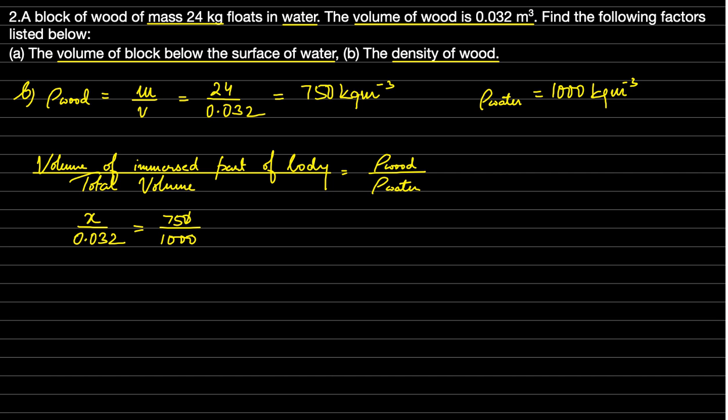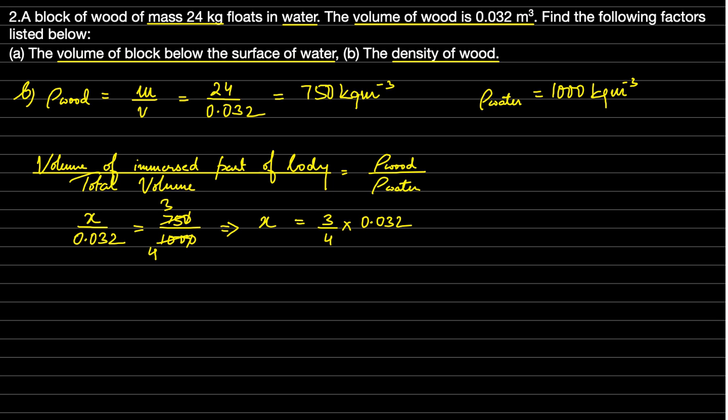Cancelling zeros here, 25 3s are 75 and 25 4s are 100. So we get x is equal to 3 divided by 4 into 0.032.